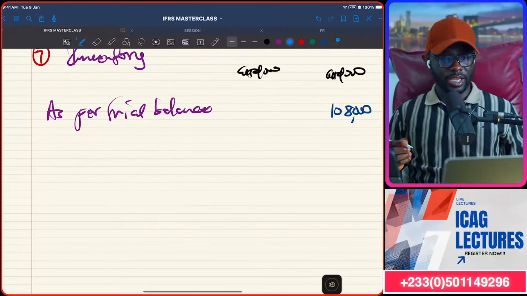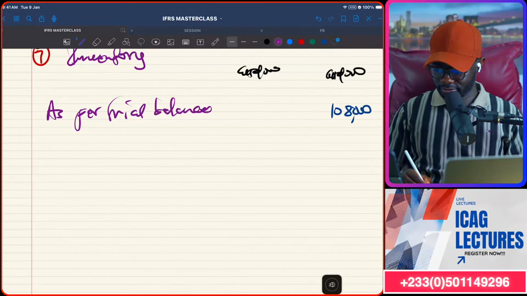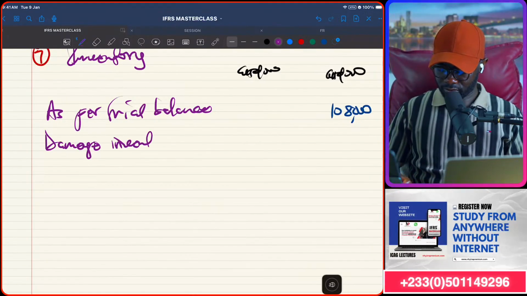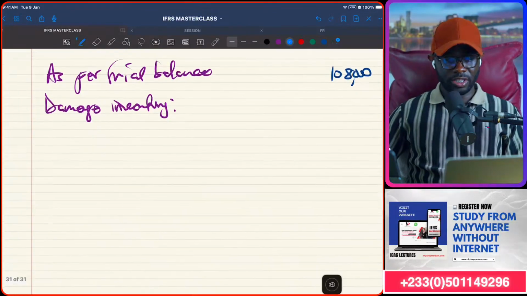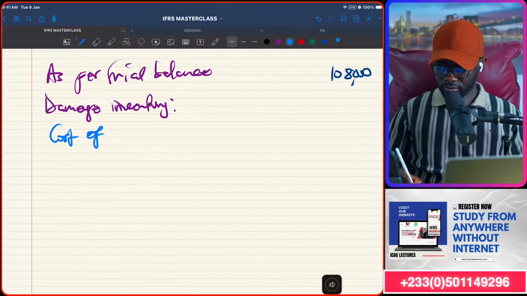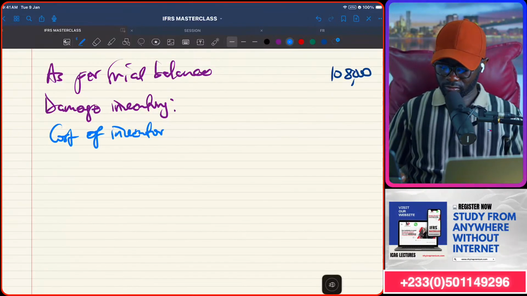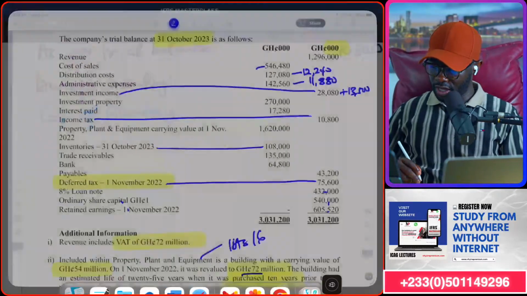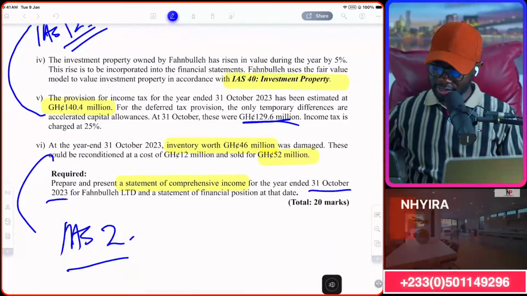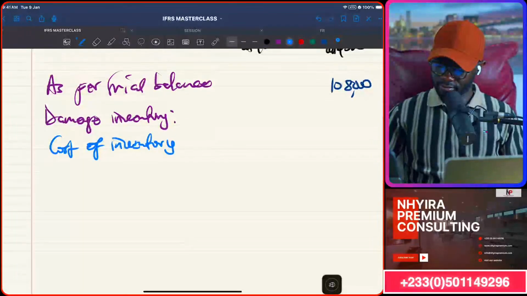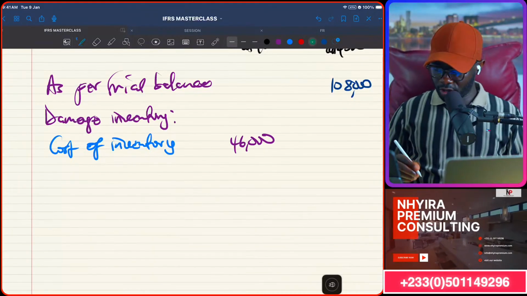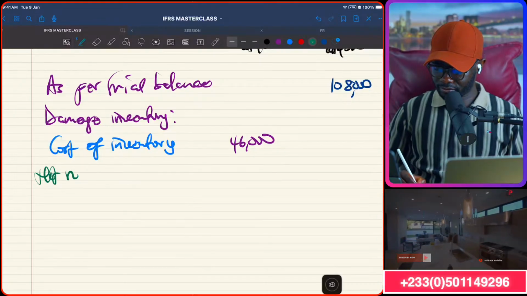Then we work for the parts that has been destroyed. So on the damage inventory, we're going to have the cost. So the cost of the inventory is going to be, they said 46,000. Then we're going to look at the net realizable value of that.